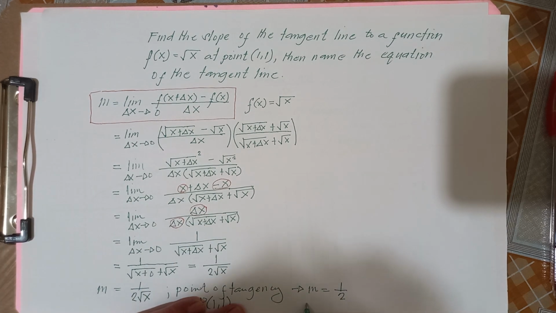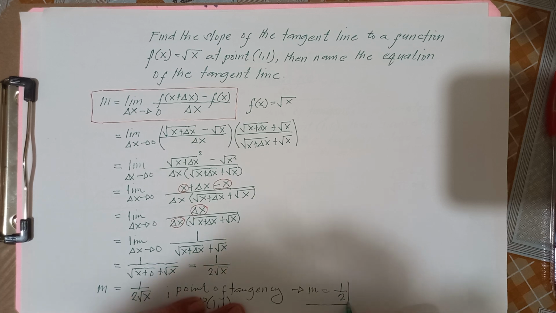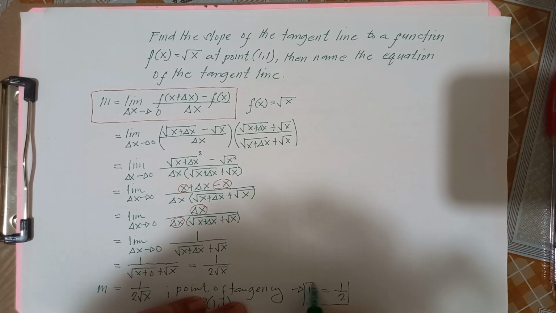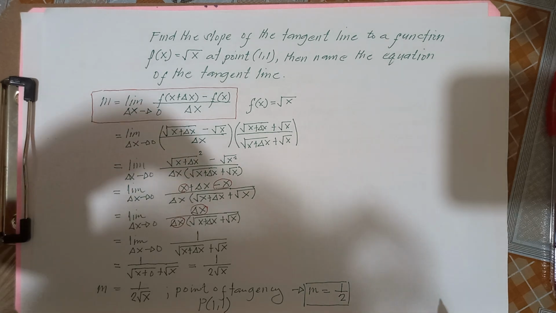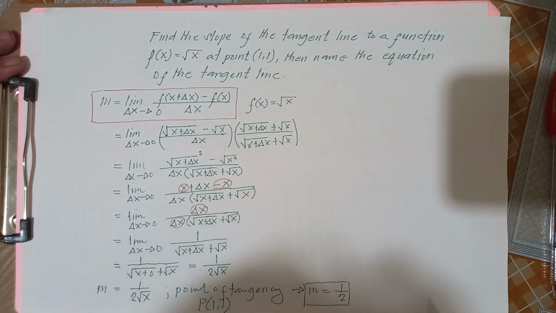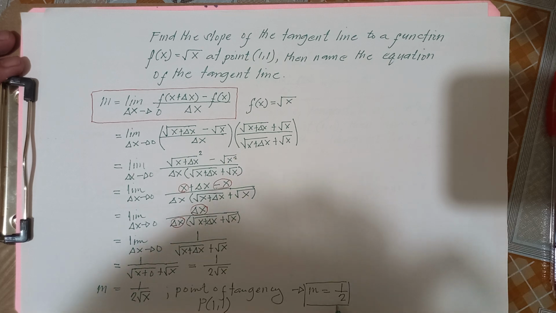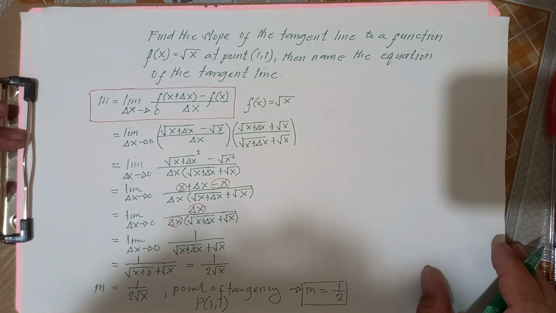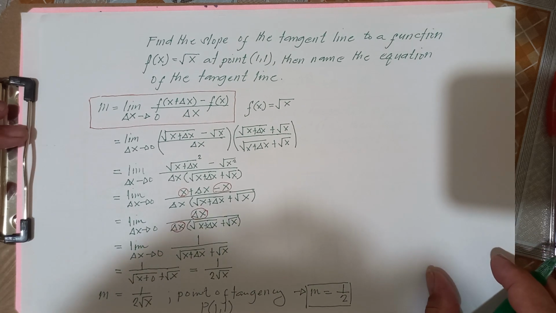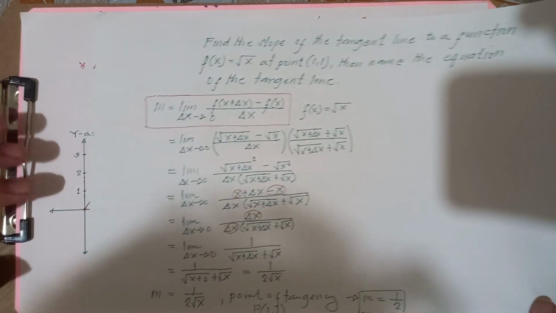Okay, so meaning when we are going to have this 1/2, that is the slope of the tangent line at a certain point, which is the point of tangency. Where is that located? Now allow me to make use of our illustration a while ago.